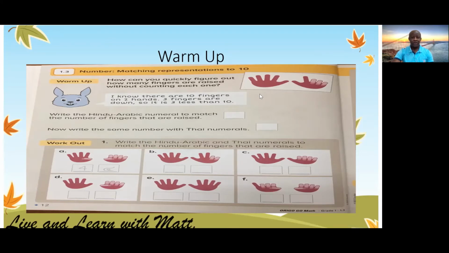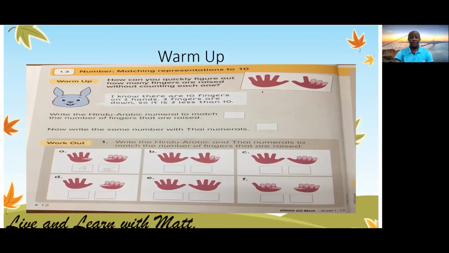How can you quickly figure out how many fingers are raised without counting each one? I know there are 10 fingers on 2 hands. 3 fingers are down, so it is 3 less than 10. And that is 7.